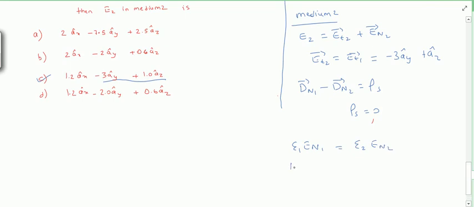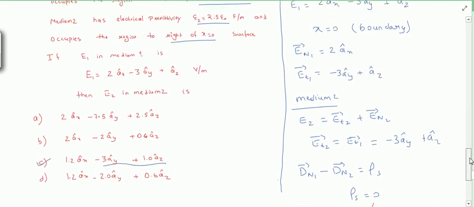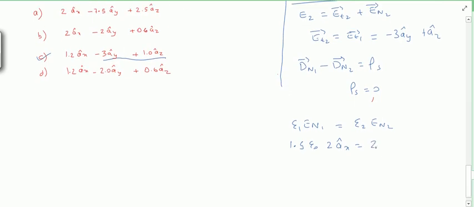Epsilon 2 is 2.5 epsilon naught, and we have to find en2.